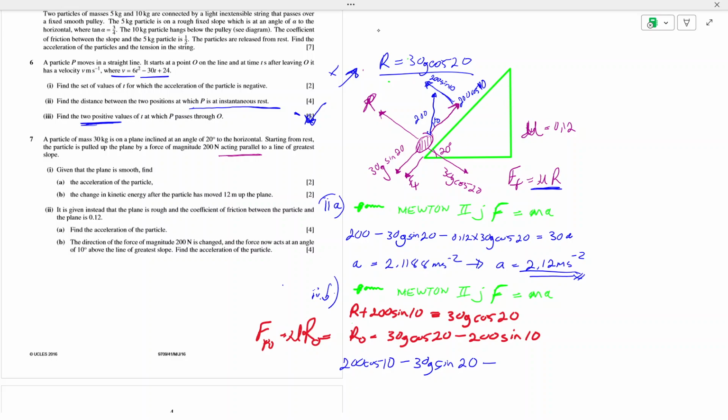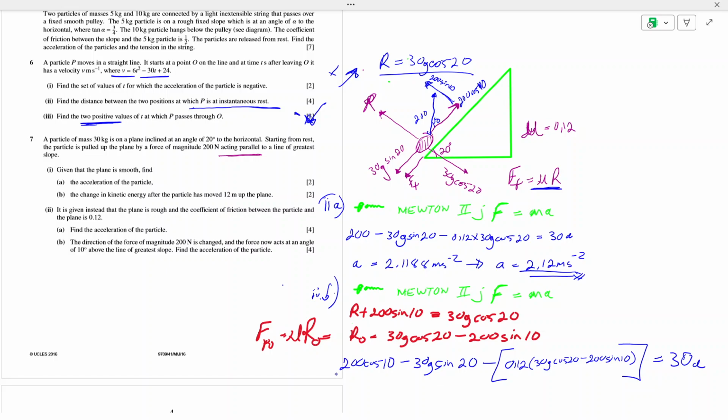It's going to look something like that: 0.12 times (30g cos 20 minus 200 sin 10), like that. And all of that is equal to 30a.